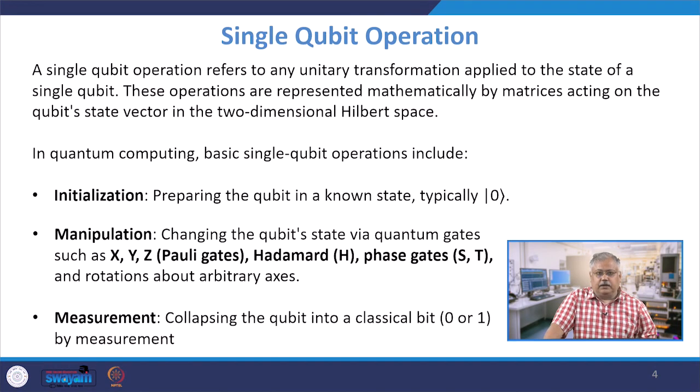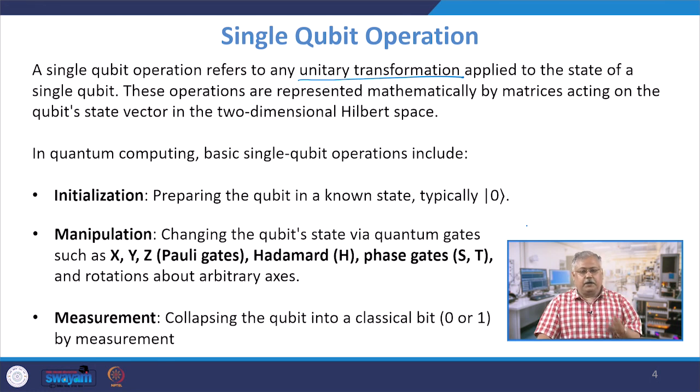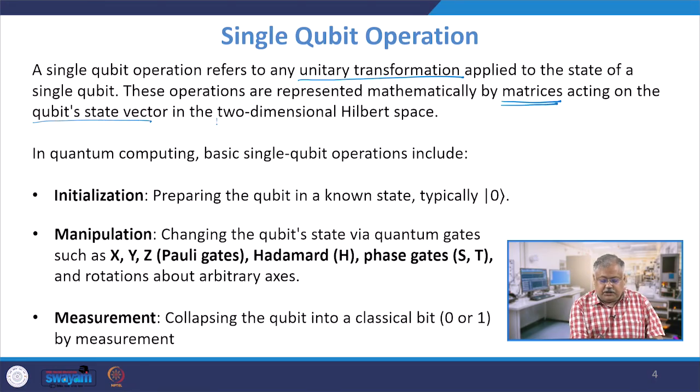Now, let us look at the single qubit operation. This basically refers to any unitary transformation, which we have studied earlier, applied to the state of a single qubit. If you want to do a superposition, you are manipulating the state of a single qubit, and we define that as a single qubit operation. These operations are represented mathematically by matrices, which we have studied earlier, and the qubit state vectors lie in a two-dimensional Hilbert space.